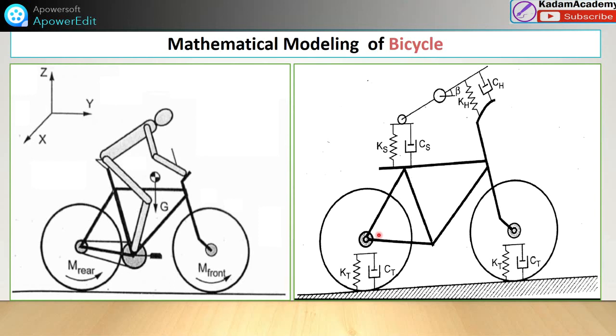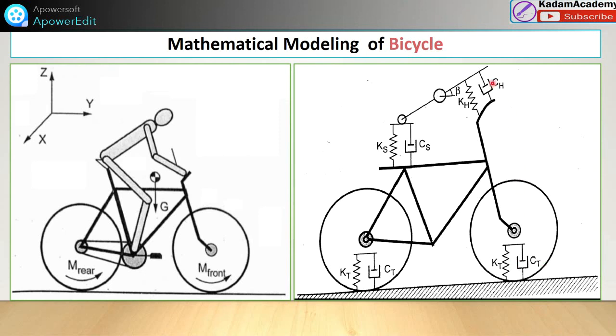From this mathematical model of the bicycle, we can get the equations, and here we can find out the stiffness value for the seat and for the tires, and we can consider the damping of the seat and tire.